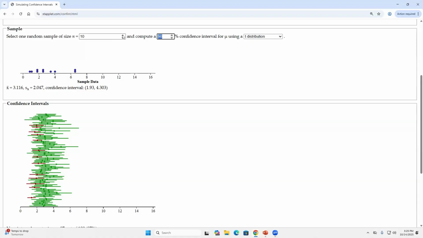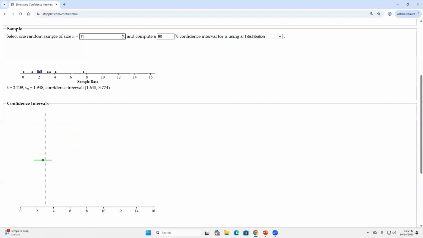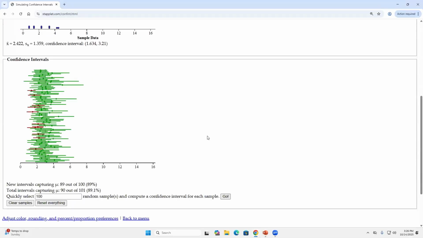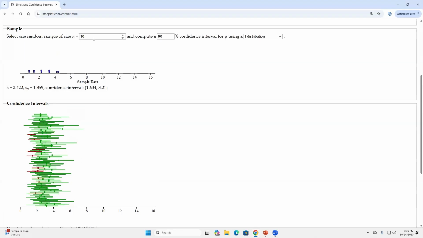But you can see that as the sample size increases, pay attention to what happens to the size of these confidence intervals. Let's get 10 back. All right, so that's for 10.